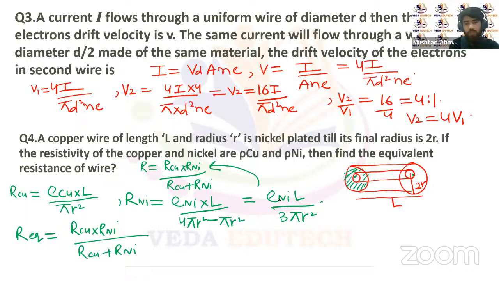So the point here was that the area of cross section of this nickel will be the total area of cross section of the large circular portion minus the area of cross section of the copper portion. That will give us the area of cross section of the nickel plated region. So this is the equivalent resistance of this conductor.